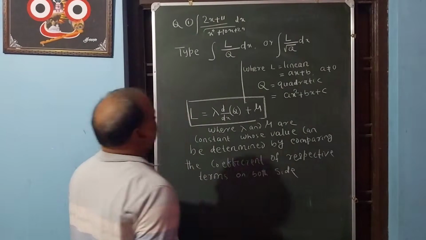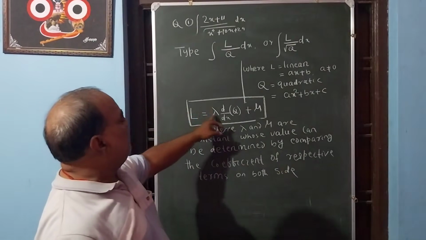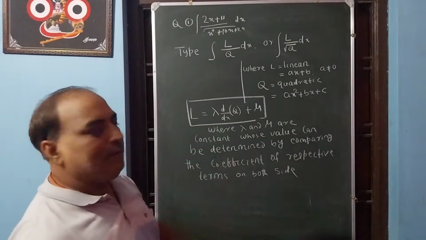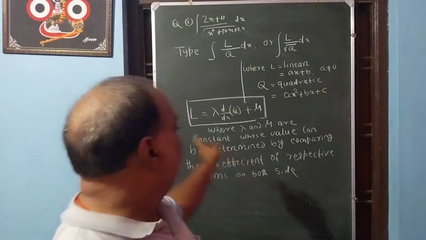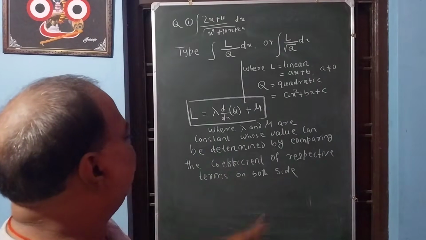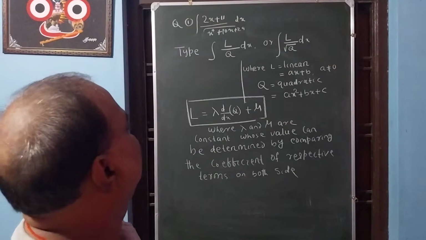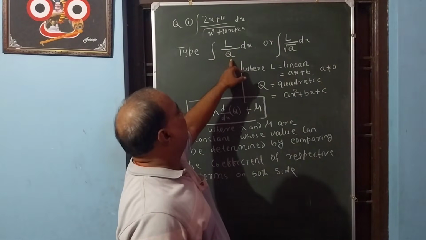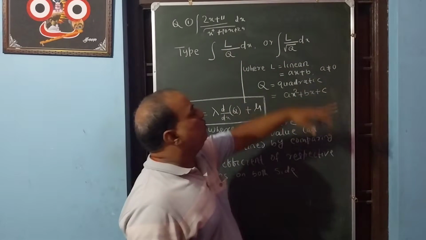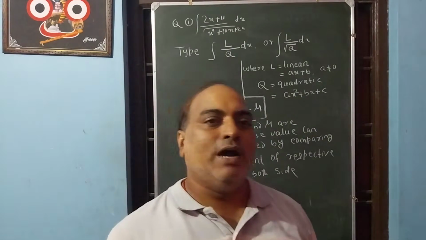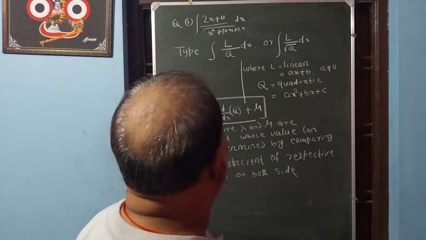Linear is equal to lambda d dx of quadratic plus mu, where lambda and mu are constants whose values are to be determined by comparing the coefficients of respective terms on both sides. When the integral is of the form linear by quadratic or linear by root over quadratic, this is the technique by means of which we have to solve the problems.